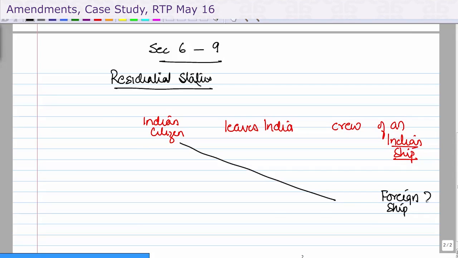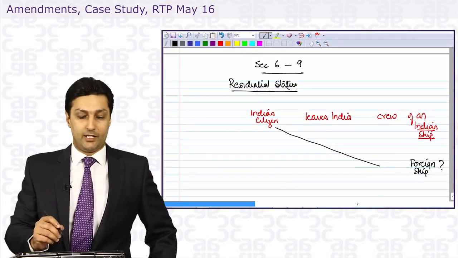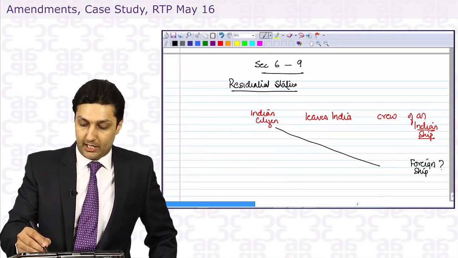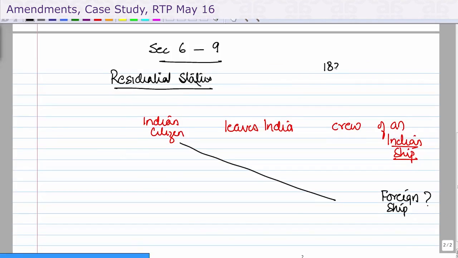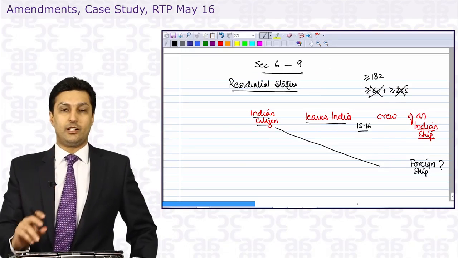There was confusion whether this section was applicable there as well. We remember that the basic conditions are 182 and of course there is 60 plus 365. But for people being Indian citizens leaving India during the year as member of the crew of an Indian ship, we had only one basic condition, and I've explained this in absolute detail in the classes.